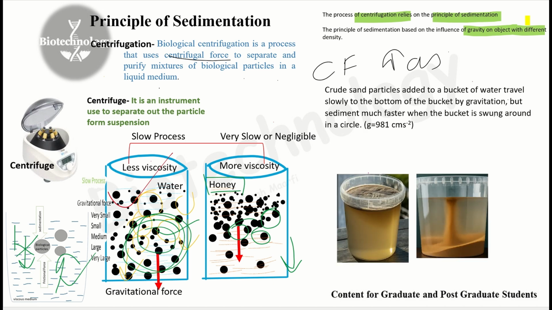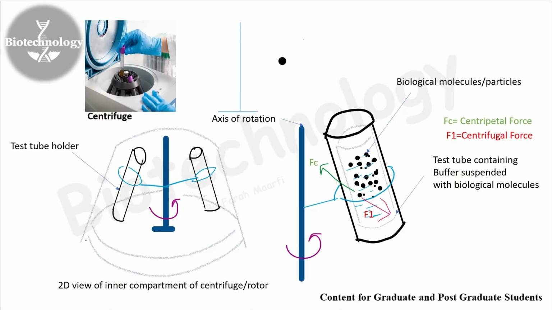Let's understand this by an example. Suppose we have two buckets filled with water and crude sand particles were added to it. The particles will travel slowly to the bottom of the bucket by gravitation, but sediment much faster when the bucket is swung around in a circle.